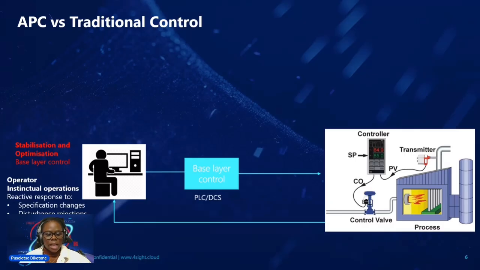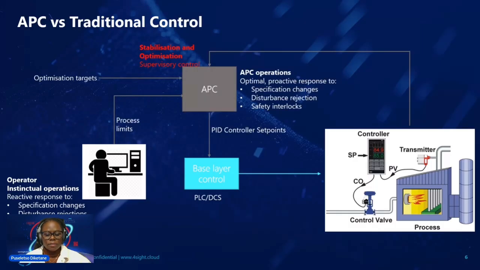So the advantage of utilizing the APC system is that the APC takes more of a proactive approach towards control. The APC system reads in the limits and targets that the operator and the process engineer have set for the plant, and then uses this information to calculate all the necessary changes it needs to make in your manipulated variables to achieve the desired output from your process, while continuously making sure at all times that we adhere to the operator's limits and do not trigger any safety interlock systems that have been put in place within your process.